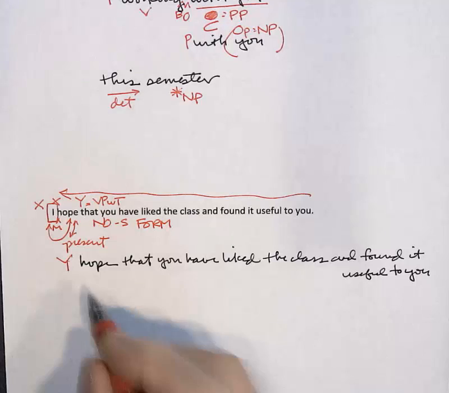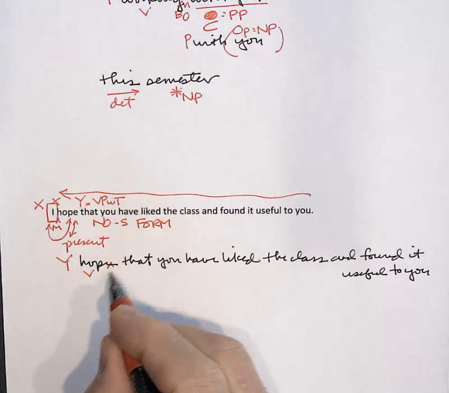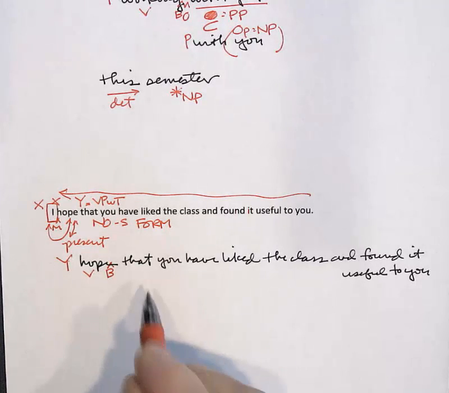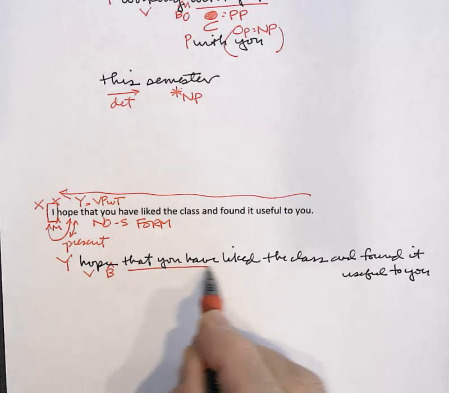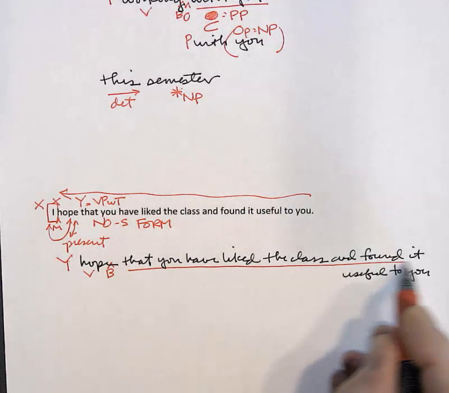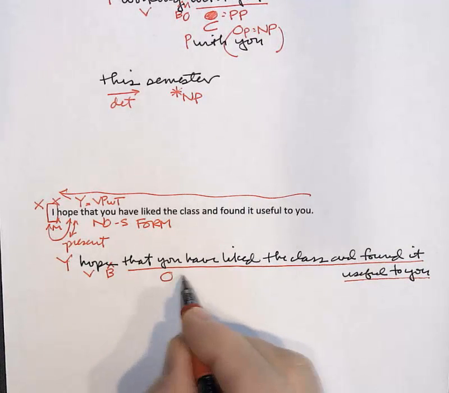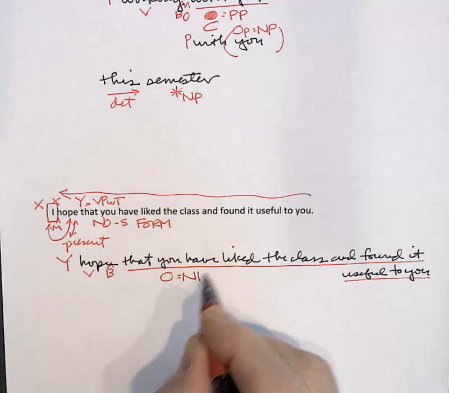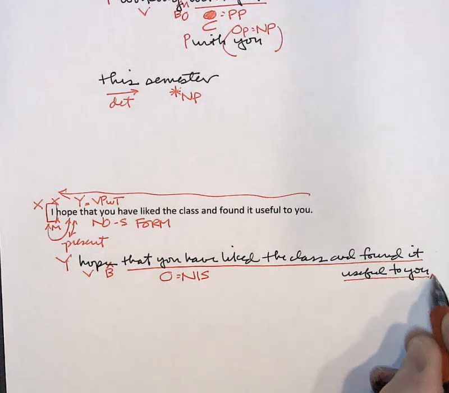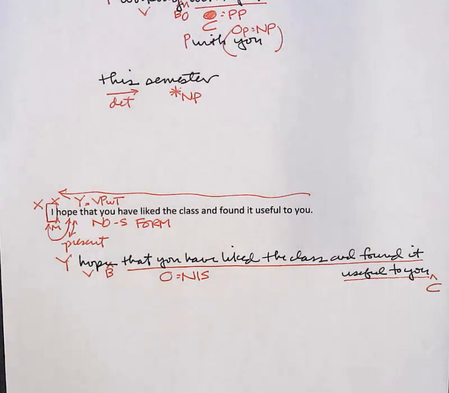So hope is the verb, the particle place is empty, and what do I hope? I hope that you have liked the class and found it useful to you is the object, nominal included sentence, the complement place is empty.